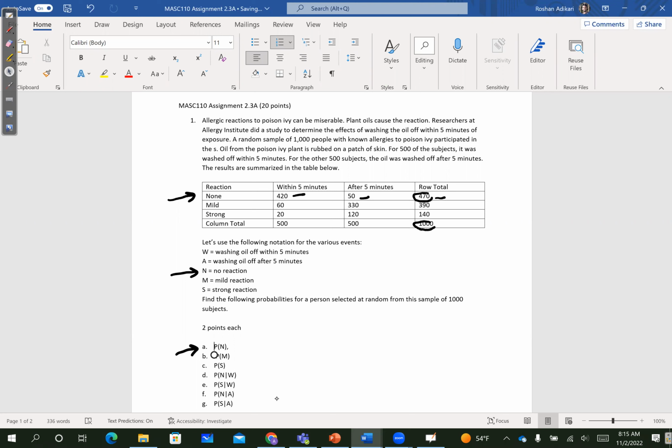But on the other hand, if you go here, that says N given W. That means probability of N given W. So what does that mean? N is no reaction. So probability of no reaction, or none, given within 5 minutes. So in English, the probability of no reaction in the case within 5 minutes. So it's 420 over, not 1000, but 500.